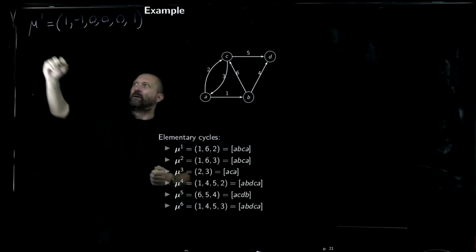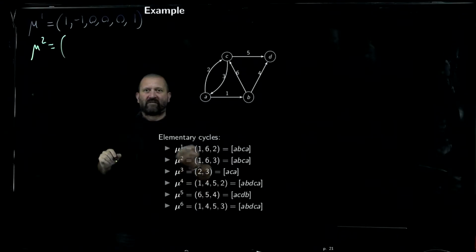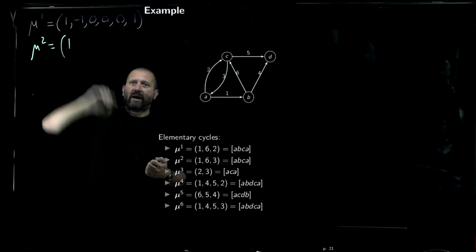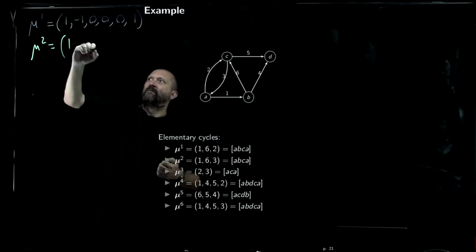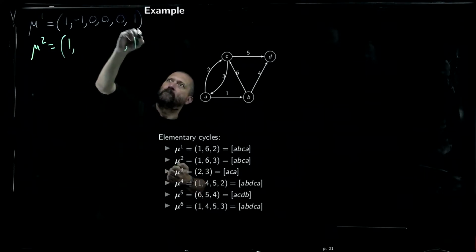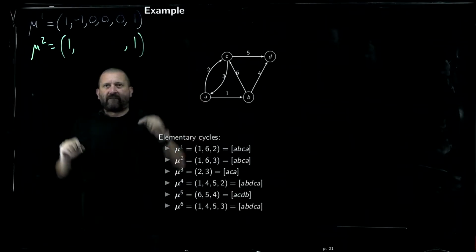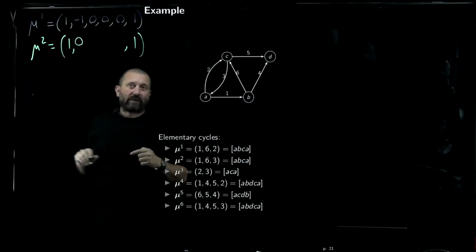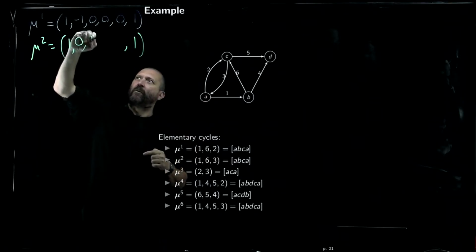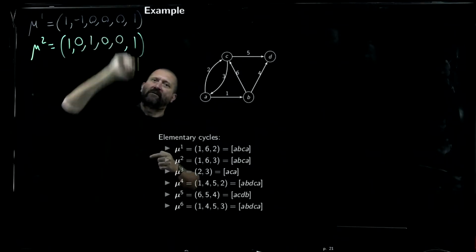The same way, mu2 would be the vector. I'm following 1 and 6 in the same direction. The only difference is that I'm now following 3. So I'm following 1, 6, and 3, so I'm not following 2 anymore. 3 is followed in the positive direction. 4 is not used, neither is 5.